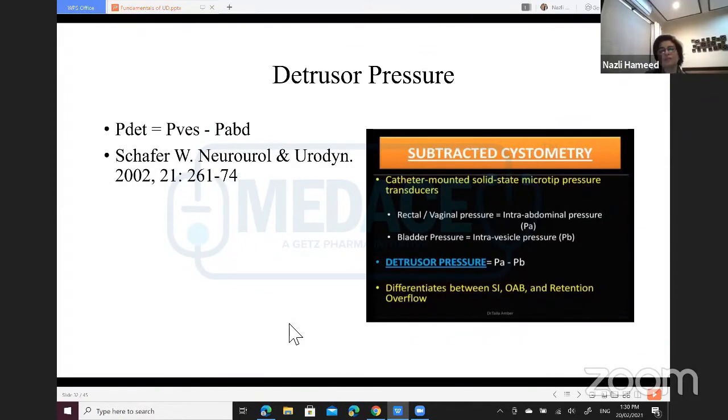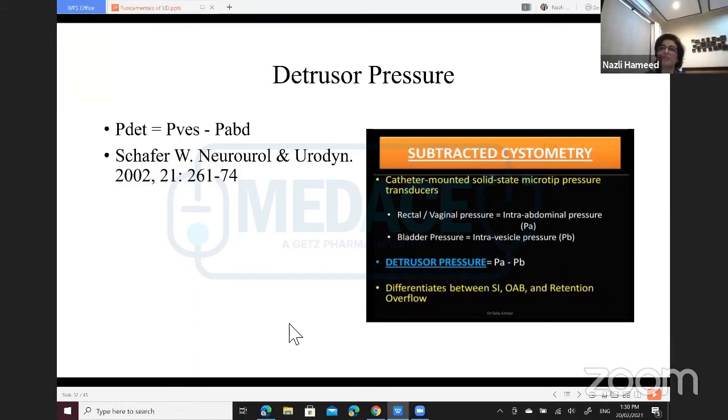So one catheter we placed in the bladder, and the other one we placed in the rectum. The one in the bladder was giving us the vesical pressure, and vesical pressure is a combination of abdominal pressure and the detrusor pressure. So there is no way that we are measuring detrusor pressure directly.